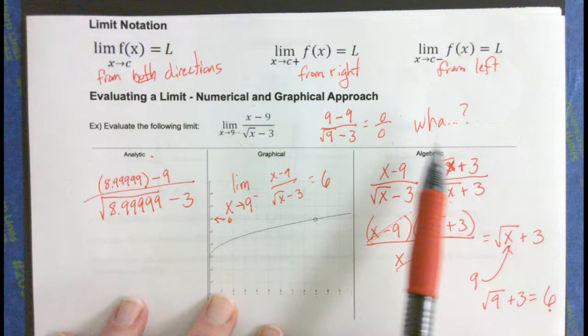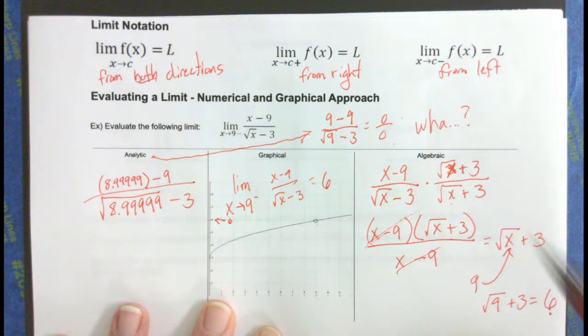Even without plugging that into my calculator, because I've done the algebra and looked at the graph, I can tell you that is going to be equal to 5.99. I may be off by the millionth place, but analytically, that is totally fine.